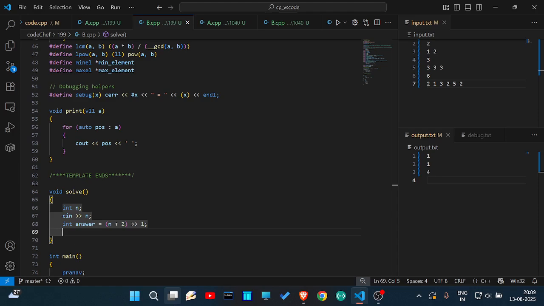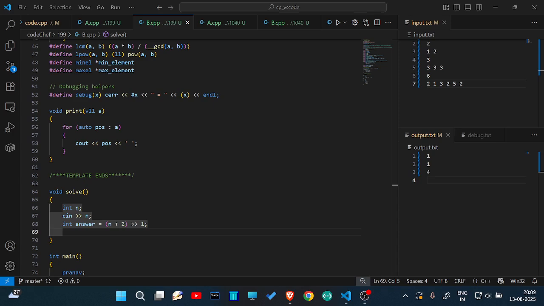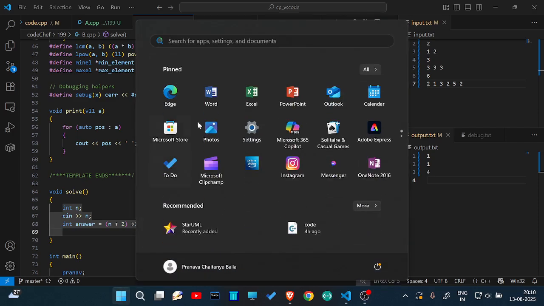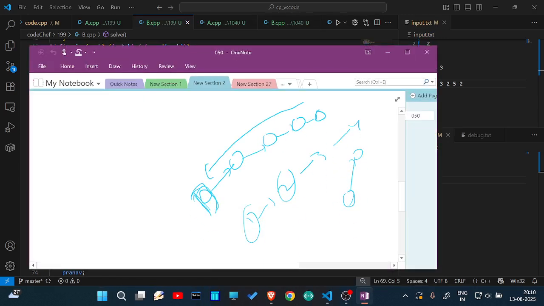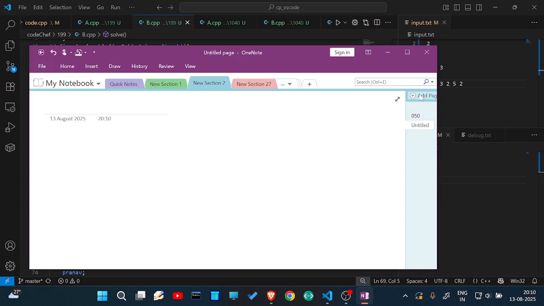You'll have some power of two. Suppose we have that, then we reduce it by one, you get the odd one. So that is a very useful thing. Okay. Now one note. Let's see.